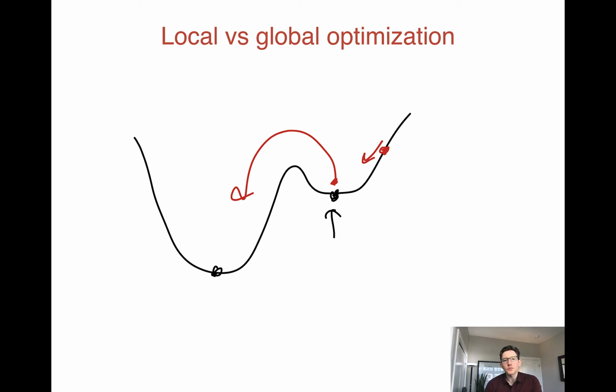Often we're going to be able to prove, or at least in some cases, we're going to be able to prove that the local optimum we find is in fact a global optimum. So generally, if we want a global optimum, we're better off finding a problem for which we can prove that any local optimum we find is also a global optimum. Although there are some methods, we're not going to talk about them this week, that do try to aim to find global optima.